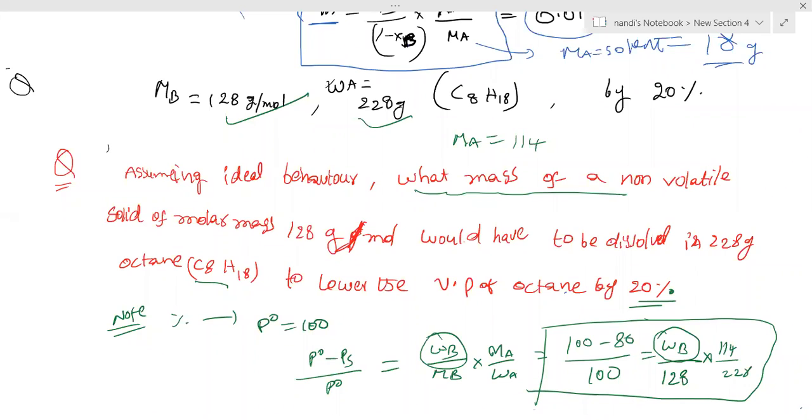Anyone got this answer? Yes, yes, correct, 51.2 is your answer. Clear? Any doubt?